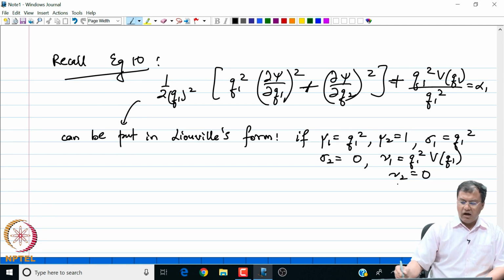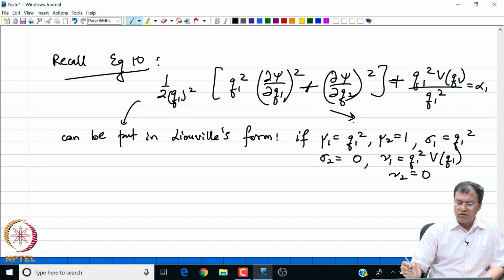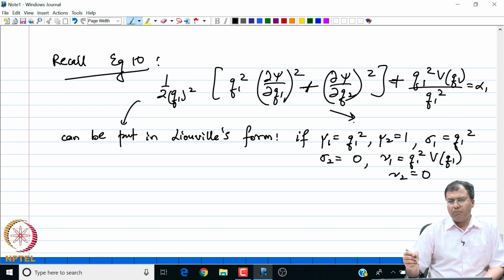The moment we take all these quantities as follows, this equation reduces to the Liouville form as specified by the result in theorem 17.